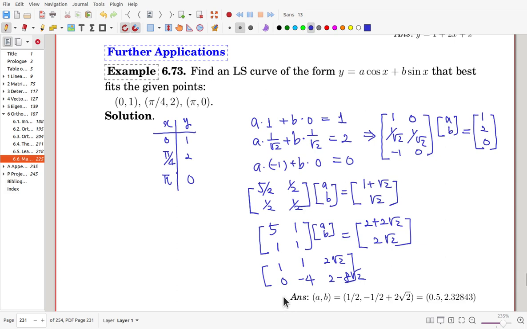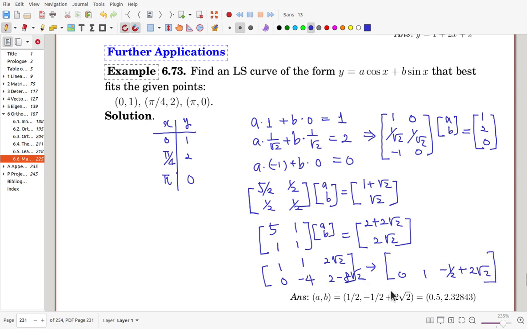Now we scale by minus 4, so that the bottom row becomes 0, 1, and minus half plus 2 square root of 2.